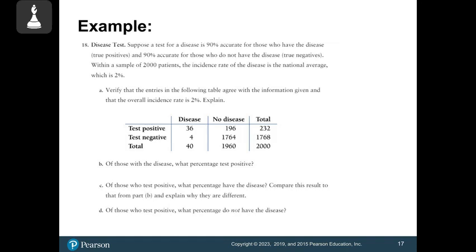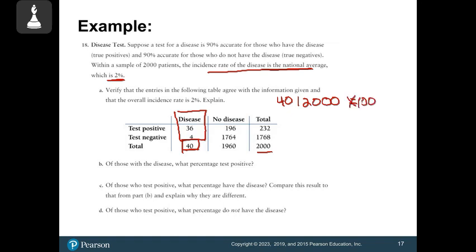So we want to verify that those with the disease is 2%. So with the disease, here, we have a total of 40. 40 actually have the disease out of our total 2,000. 40 out of 2,000, times 100, is going to give me 2%.